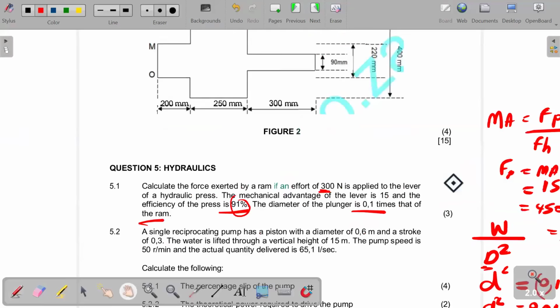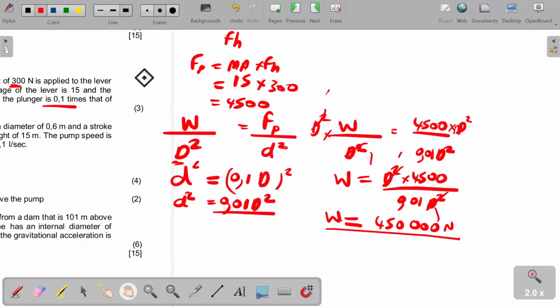Now that we have the ideal weight, the next thing we want to do is calculate the actual weight of the ram. The actual weight is given by 450,000 multiplying 0.91.